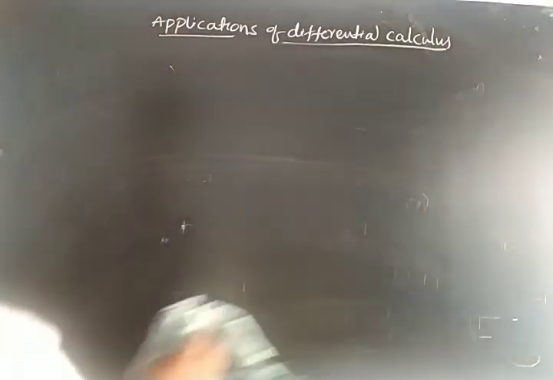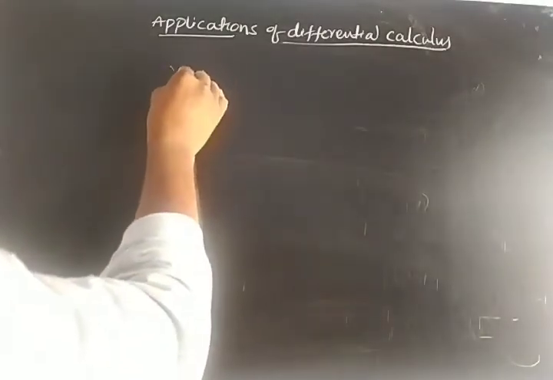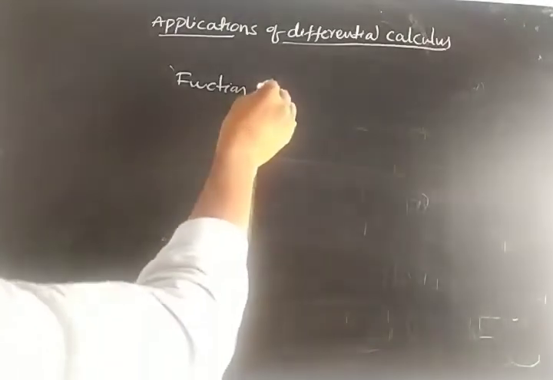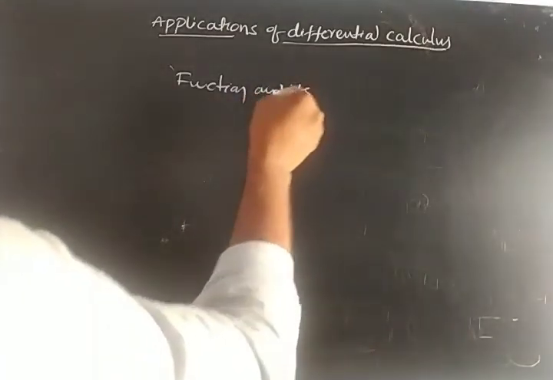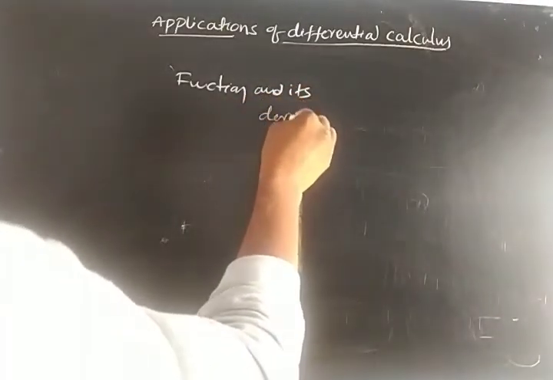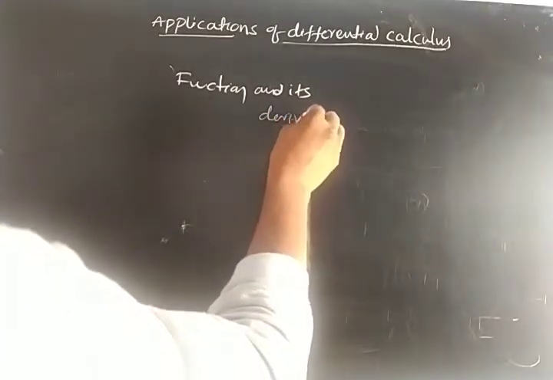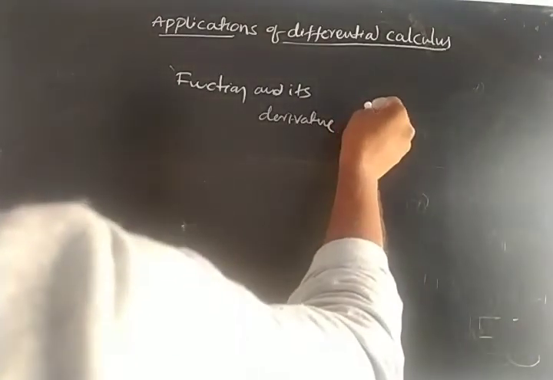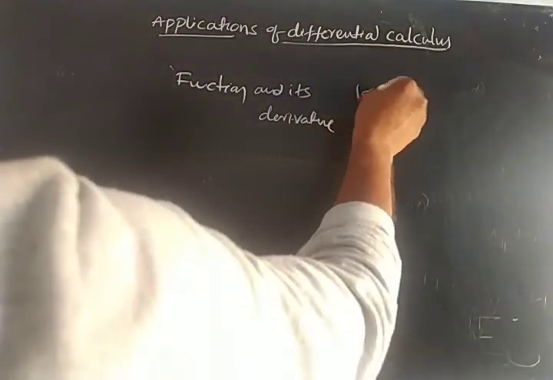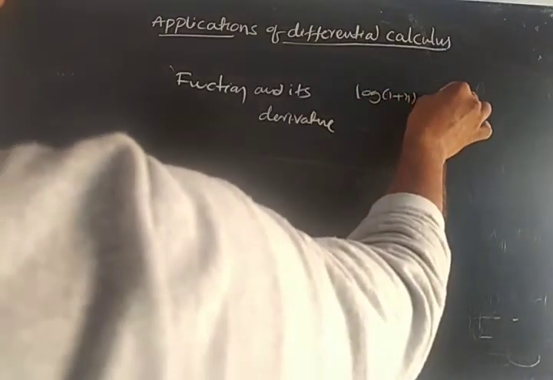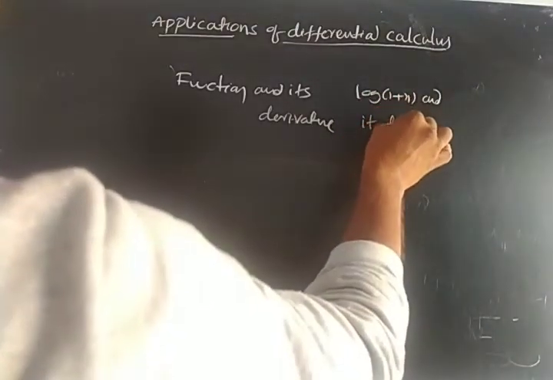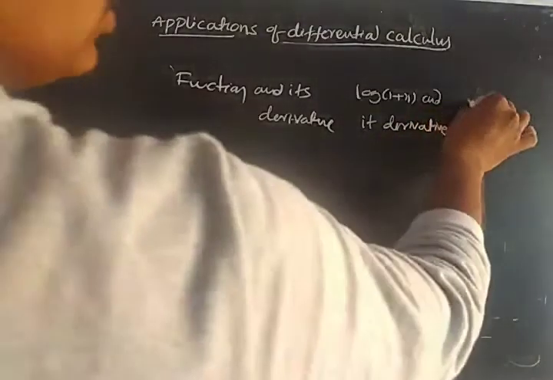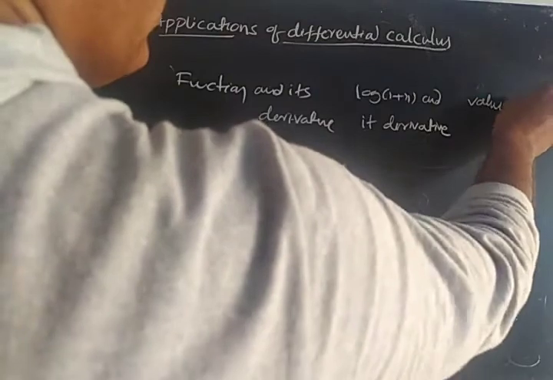So let me write the table. Function and its derivative, here log 1 plus x and its derivative, and here the value at x equal to 0.